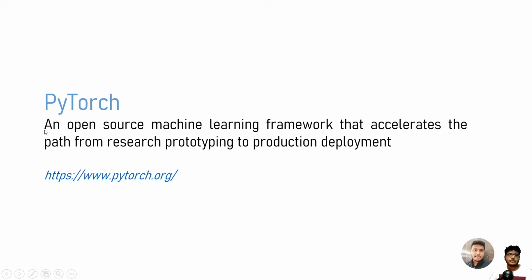So this is basically an open source machine learning framework that accelerates the path from research prototyping to production deployment. So PyTorch is basically a library in Python that will help you to build neural networks. So this will assist you in your journey in deep learning, right? So it will provide you all the different things that you are going to need, like tensors, different mathematical functions and all, which will help you to create neural networks and also train and maintain neural networks.